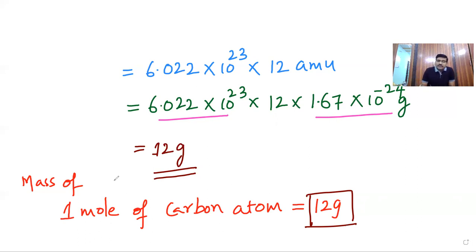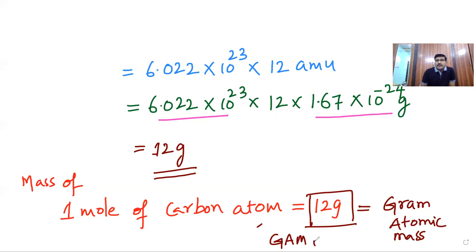Now I am generalizing: 1 mole of any element's atoms is equal to its gram atomic mass. In short, it is known as GAM, gram atomic mass. Clear?